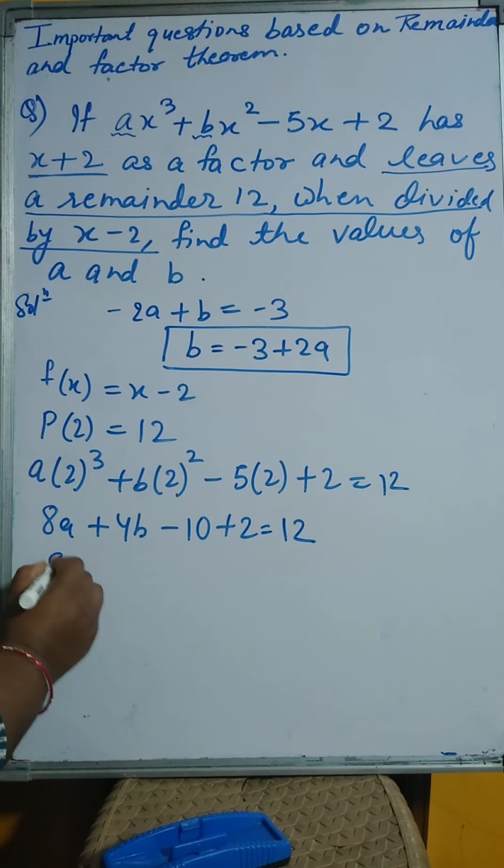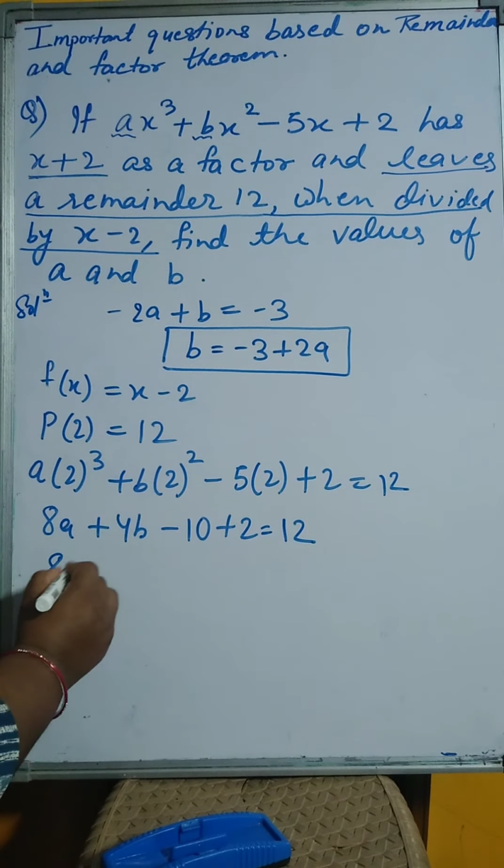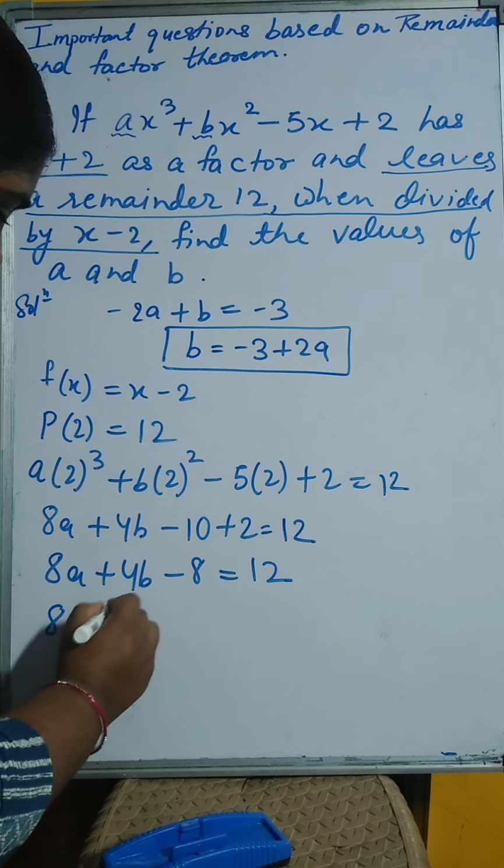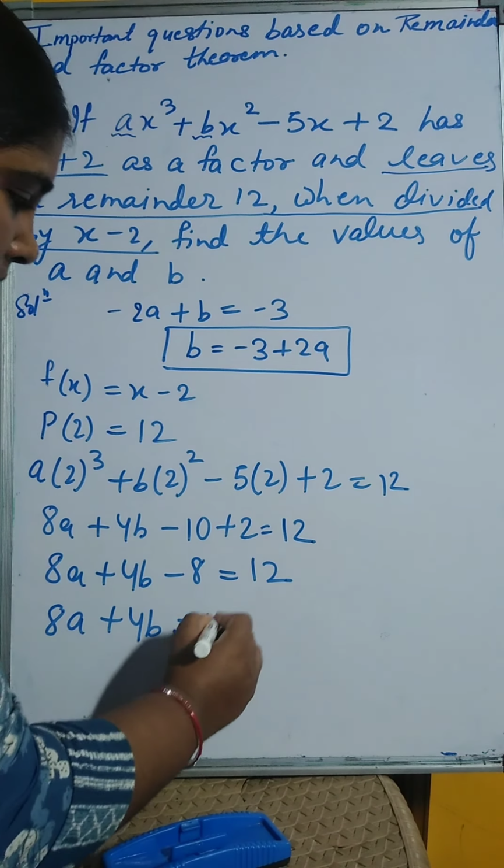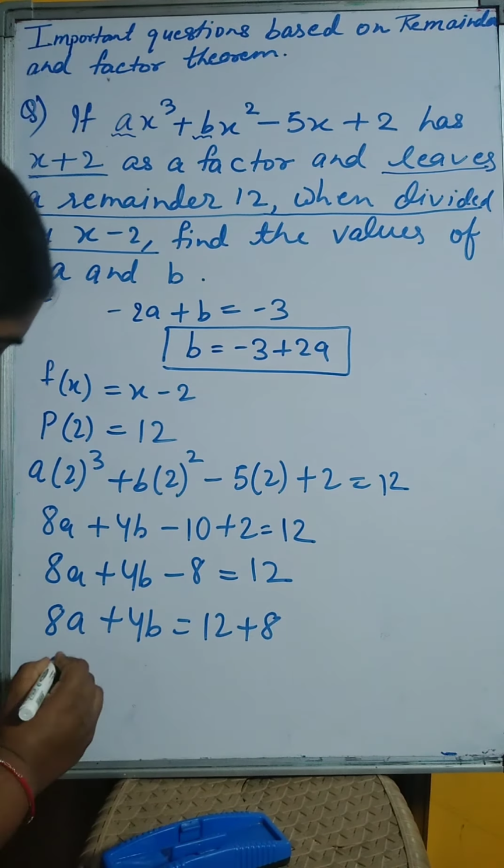So we have 8a plus 4b minus 8 is equal to 12. So 8a plus 4b is equal to 12 plus 8. So 8a plus 4b is equal to 20. Let us divide both sides by 4.